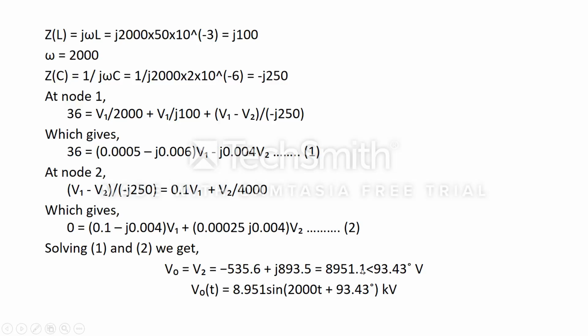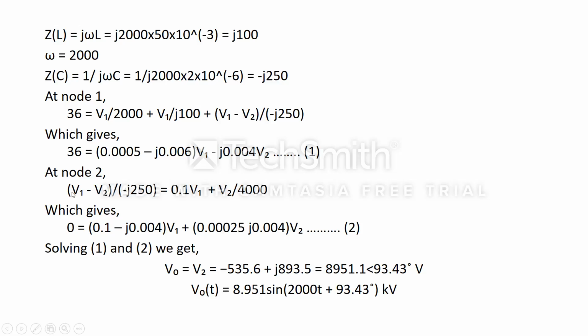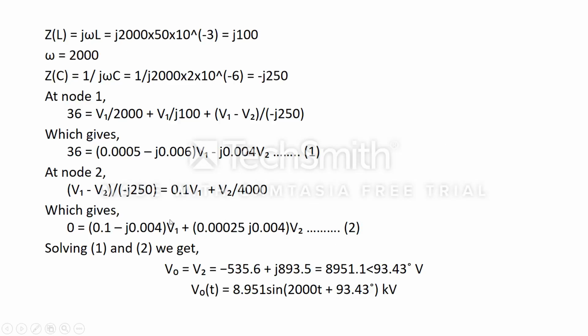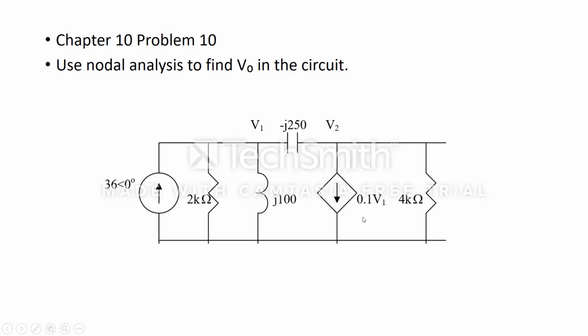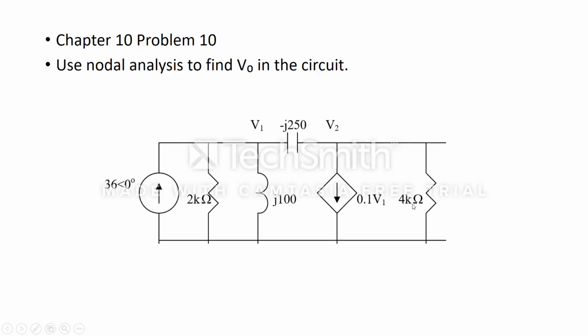in this problem. Considering the next node, which is over here, we can see that it extends over this area, and we have a dependent source over here. So we can say that V1 minus V2, that is this line, divided by minus j250, as you can see here, equals 0.1 V1 plus V2 divided by 4 kilo ohms.